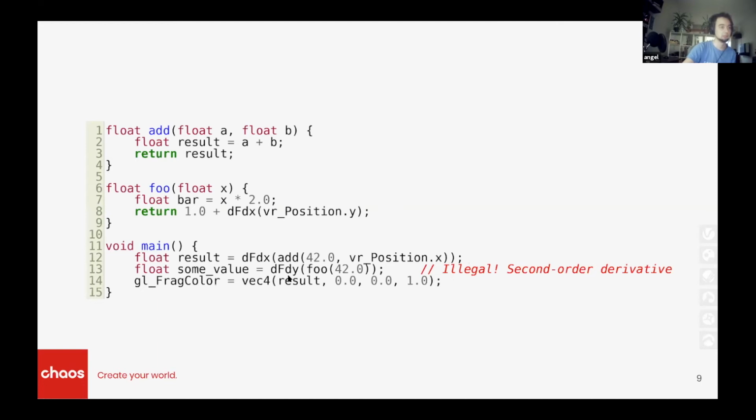We have df dy of some expression which contains a call to foo, and actually, the result of foo depends on the derivative of screen space x. So we want a second order derivative here, albeit a bit hidden. So we don't allow code like this as well.